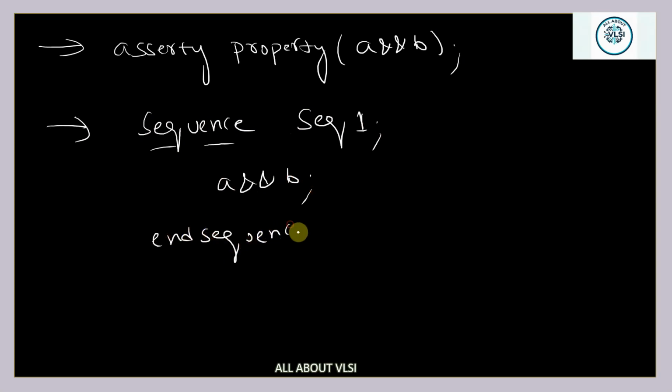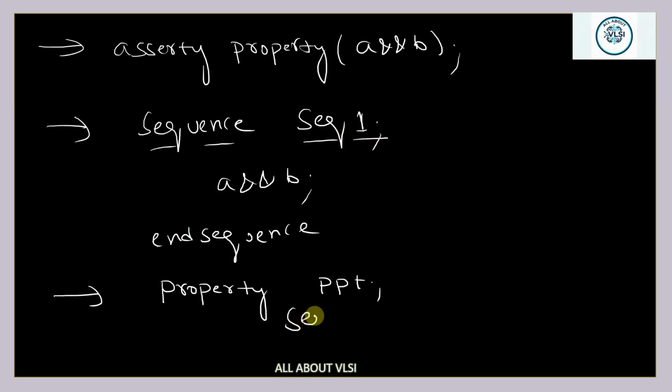And you cannot directly assert this sequence. You need to include it in a property. You declare a block known as property, give the block name, and include whatever sequence you have inside your property block, followed by end property.